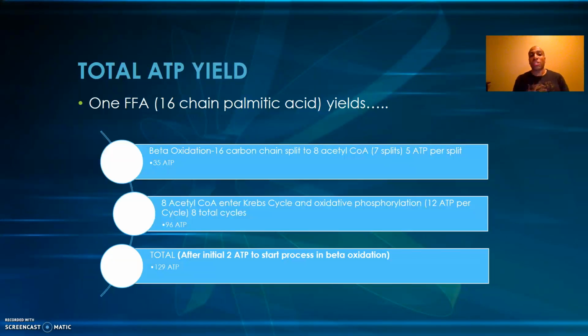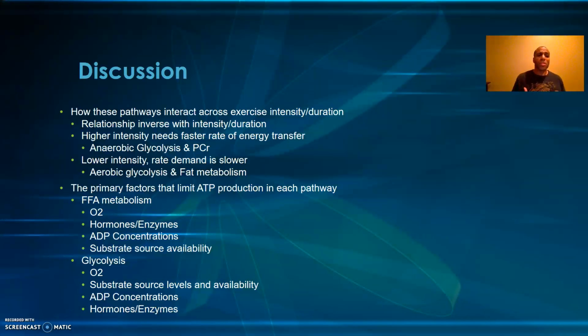So the finishing touches of that fatty acid metabolism yields us 96 ATP. So we get a total of 129. Now, that 129 was 131, but again, similar to glycolysis, it does take 2 ATP to start that process in beta oxidation.